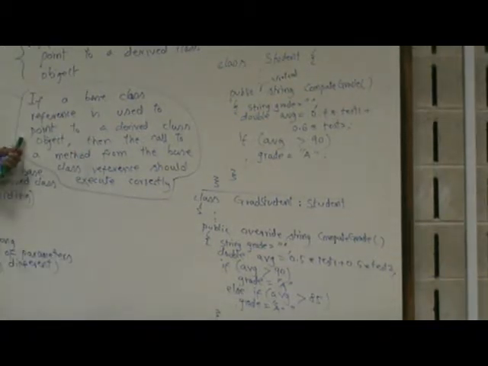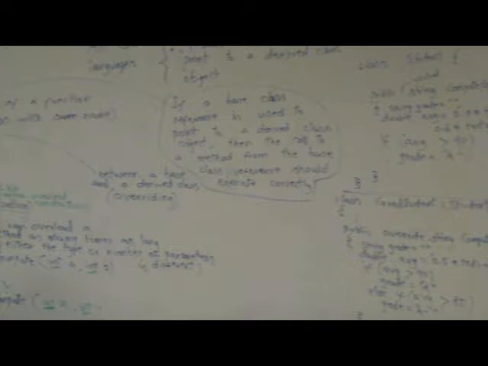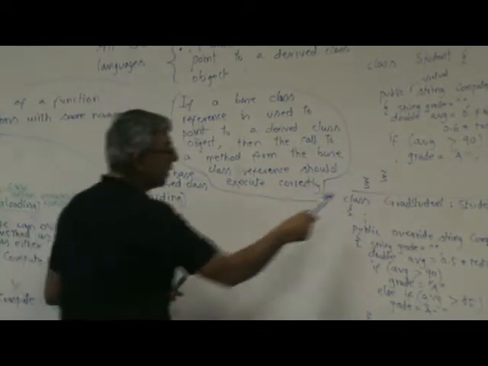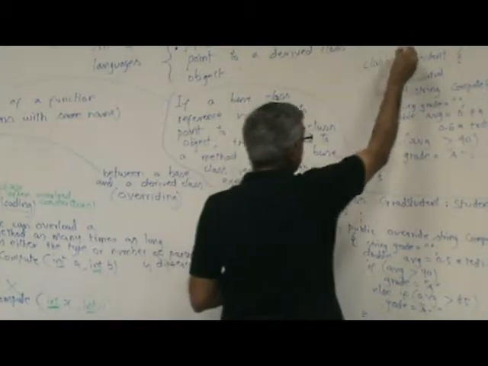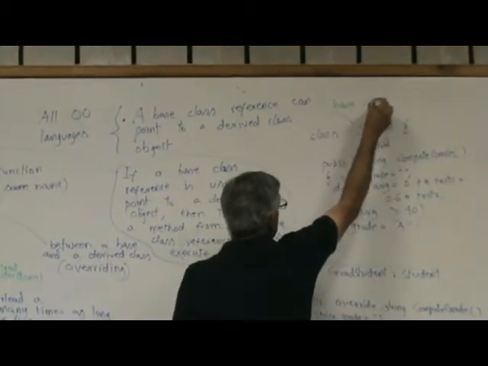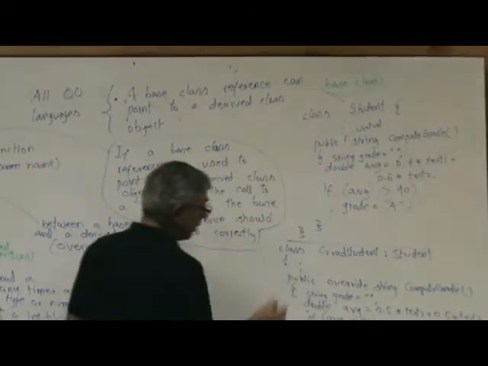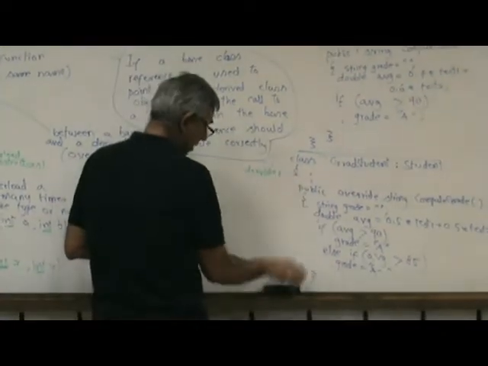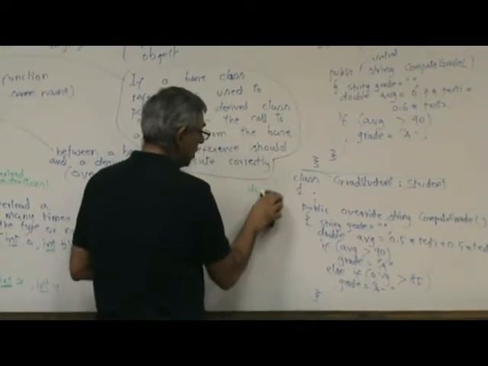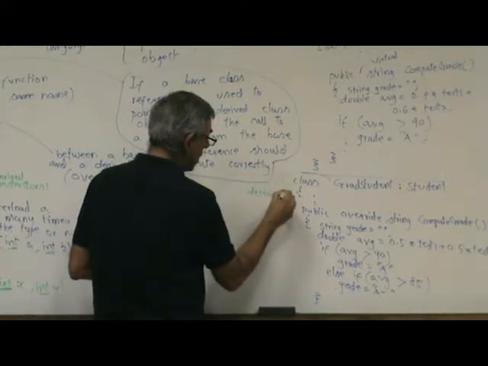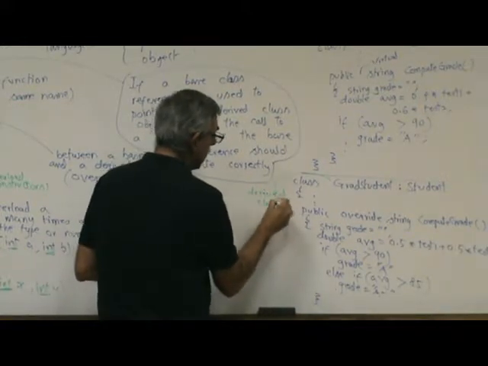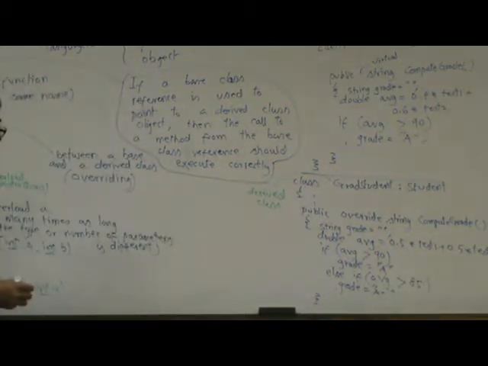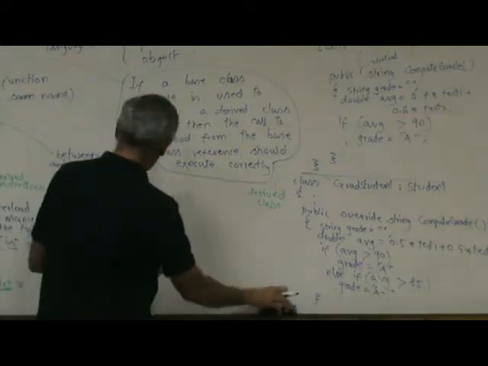Okay, so now let's try to test this case. We'll use a base class reference to point to a derived class object. So obviously Student is our base class in this example, and GradStudent is our derived class, correct? Now let's use a base class reference to create an object of GradStudent.